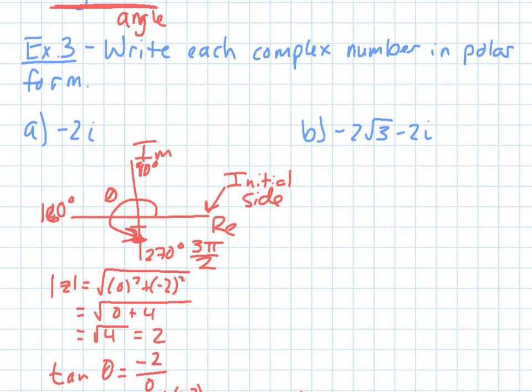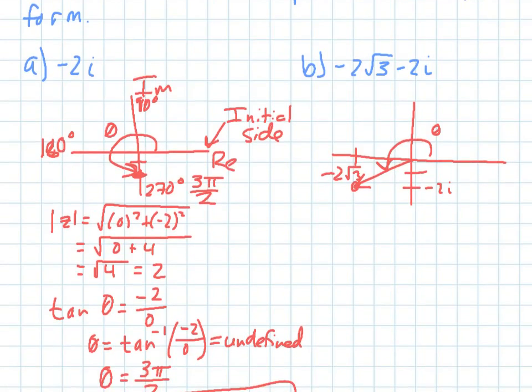Here we have an a value this time. Same thing, I want to judge where it's at. So going down 2 again for my i, and then going over however much negative 2 square root of 3 is, that would make my angle go all the way into the third quadrant. So it should be in there when I do tangent.